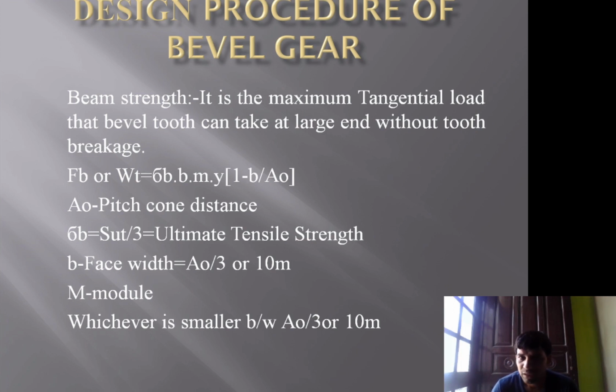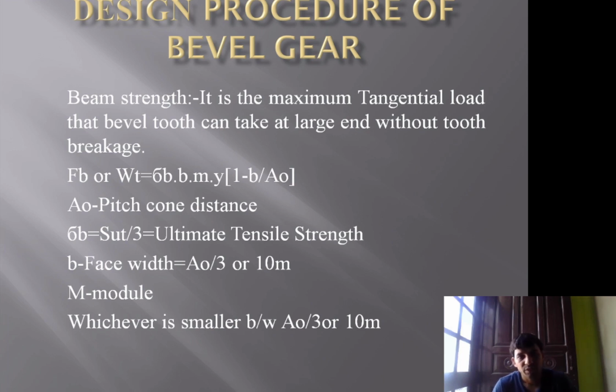And what is pitch cone distance? It is the distance from the pitch apex to the face of the tooth. That distance is known as the pitch cone distance, a naught. Sigma b, I already told you, is the beam stress and is equal to ultimate tensile strength divided by 3.